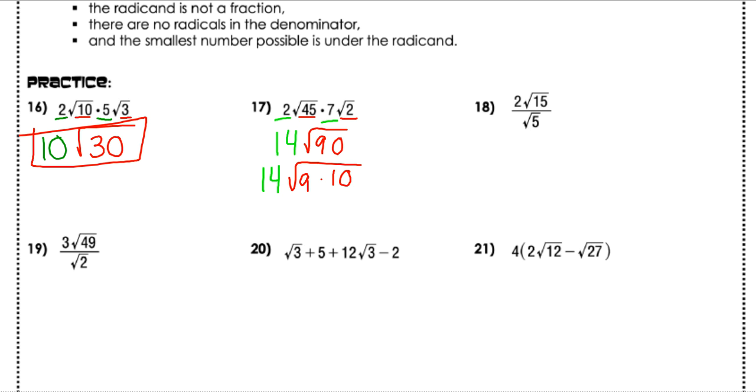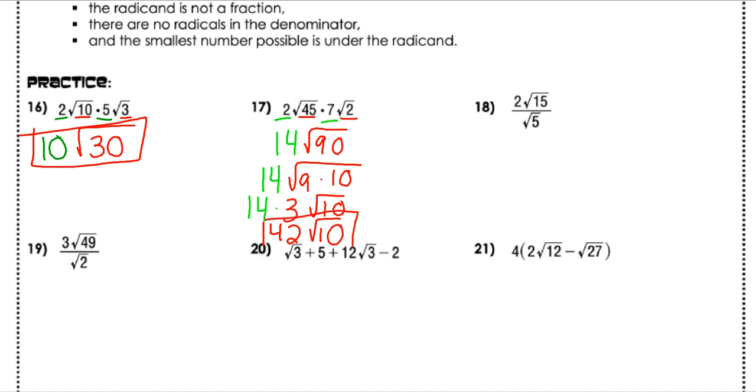So I've got 14 still out in front. The square root of 9 is 3, and then I still have the square root of 10. So when I simplify that, 14 times 3, that's 42 root 10.